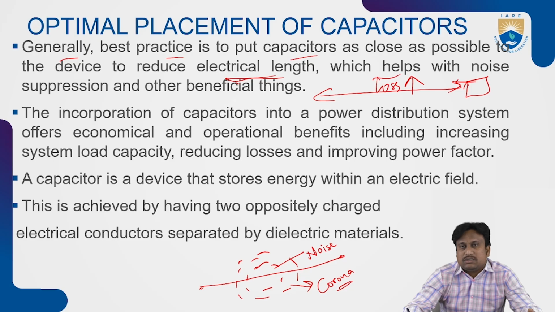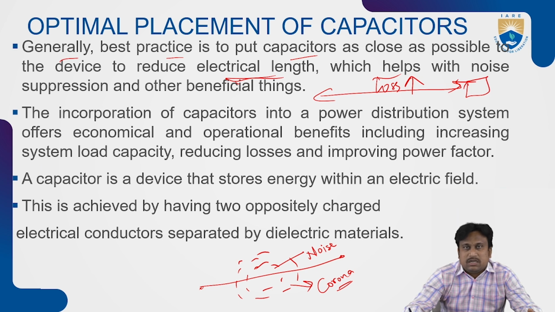The beneficial things, as I just suggested, are that loss coefficients may be reduced and noise levels can also be reduced. These are the two benefits when you keep the capacitors nearer to the electrical components or devices.